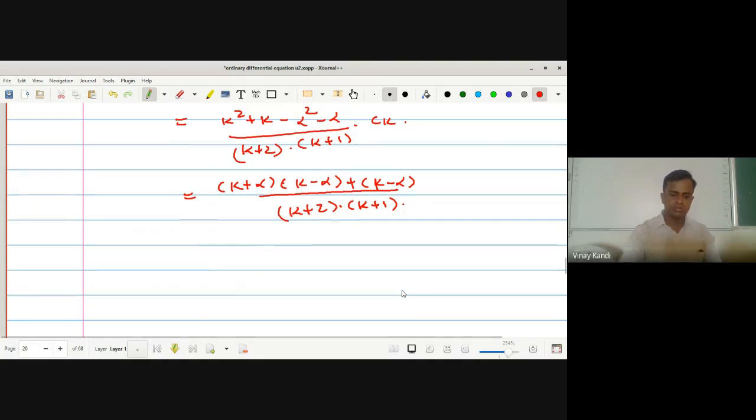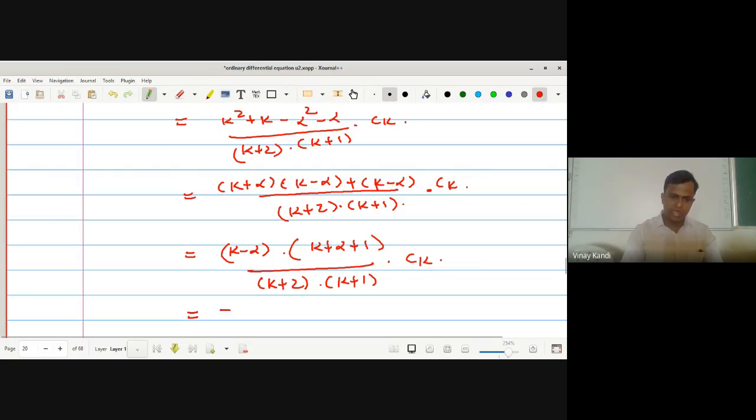Take k minus alpha common: k minus alpha into k plus alpha plus 1, upon k plus 2 into k plus 1, into ck. Check the calculation. Is it correct?